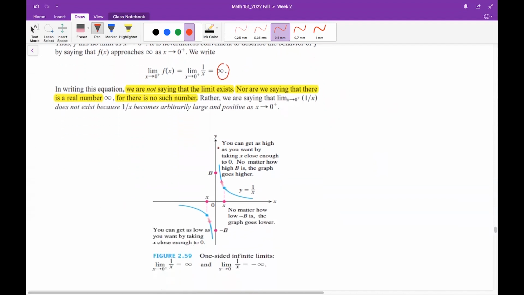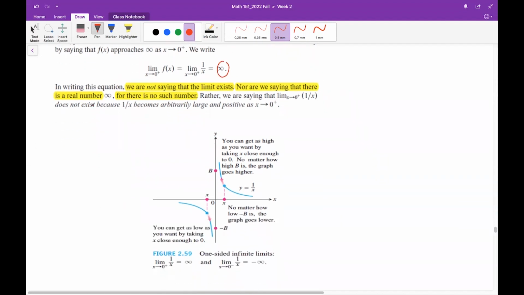Before going over this part, I want you to look at this graph and consider how the 1 over x function behaves around the origin. As x goes to 0 from the right, what happens?